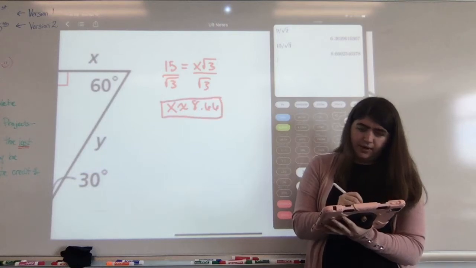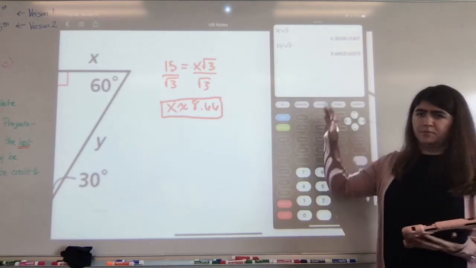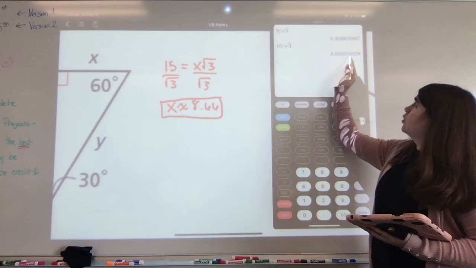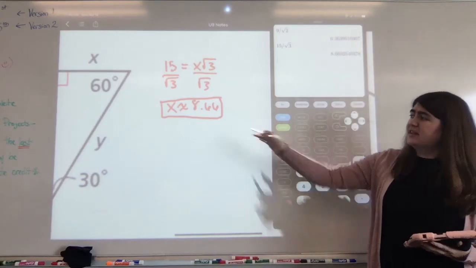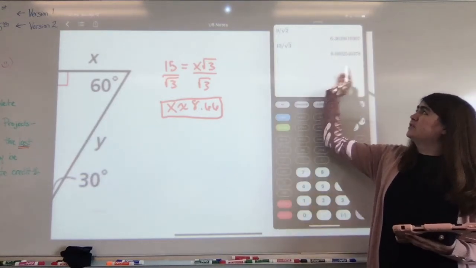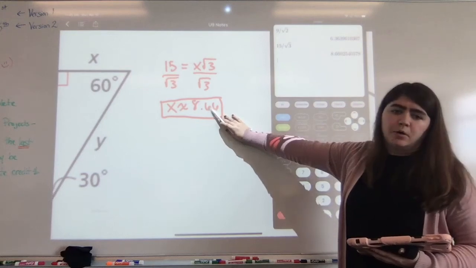All right, now I don't know how well this is visible to you, but this gives me this really long decimal, 8.6602540378. When I'm using this x for the rest of my problem, I'm not using this whole decimal. I'm going to use the rounded answer that I wrote down.